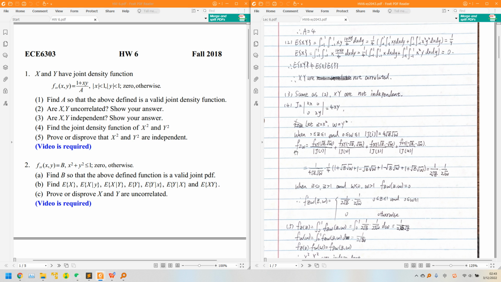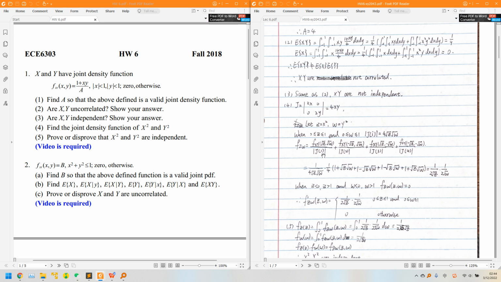For the density function of z and w, the Jacobian will have 4 roots, which are negative and positive square root of z and negative and positive square root of w. So in total there are 4 roots, and we can write it in this form.